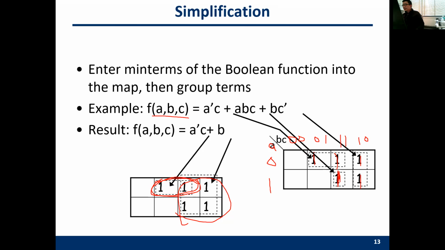So this box indicates this term, the A bar C term. And you can see that if you directly get this map, you cannot group them like this, because apparently the group should be as large as possible. You can group these 4 together.